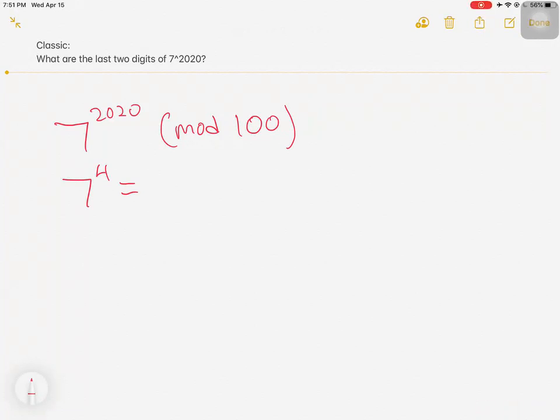So the thing we have to realize about this question is 7 to the power of 4 is just equal to 2401. And taking the mod 100, we get this is equivalent to 1 mod 100.